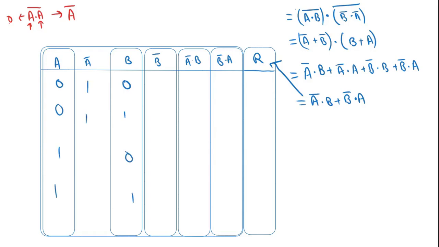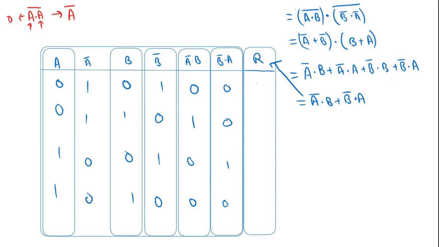So A bar becomes 1, 1, 0, 0. B bar becomes 1, 0, 1, 0. A bar dot B becomes a 0 here since B is 0. Here both are 1. Here B is 0. Here A bar is 0. Here A is 0. Here B bar is 0. Here both are 1. And here B bar is 0.